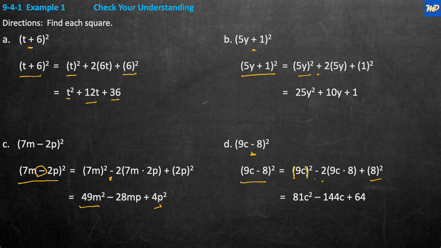And the answer to that then is what? 9 squared is 81. C squared is c squared. The 8 squared is 64 at the end. The middle is 144. Well, the easy way to get that is 9 times 8 is 72, times 2 is 144. So it's negative 144 times the c. We can't forget that c.